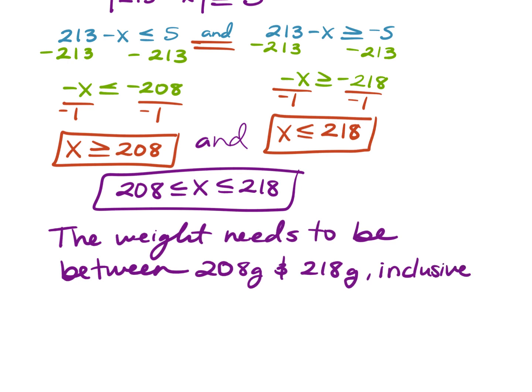That means that it can be 208 and 218. Right, so if I say inclusive there, I'm saying the numbers I'm using are included in my answer, right? If I said the weight needs to be between 208 and 218, and I didn't write inclusive, then it wouldn't include 208 and 218. This one does, because it's got the equal to bar.